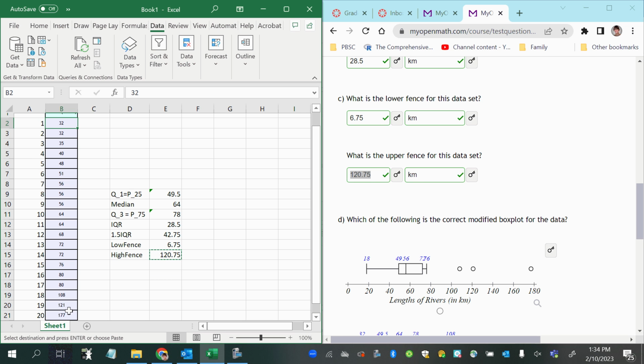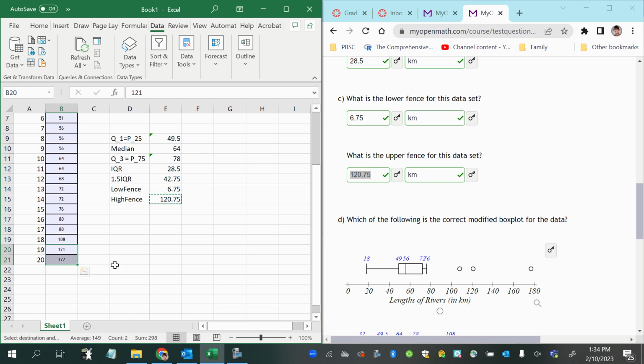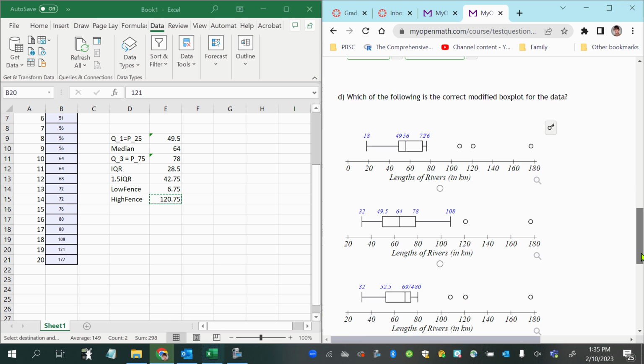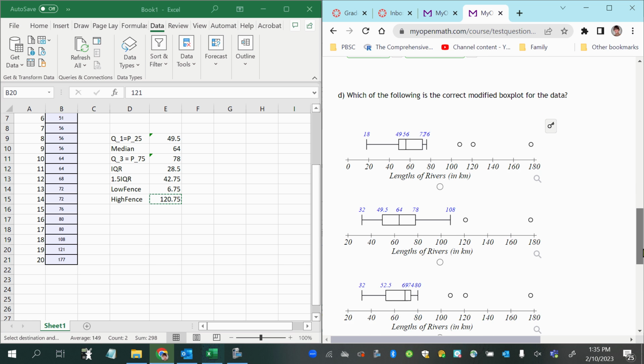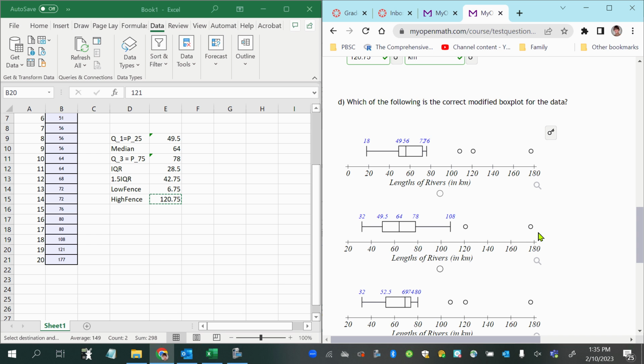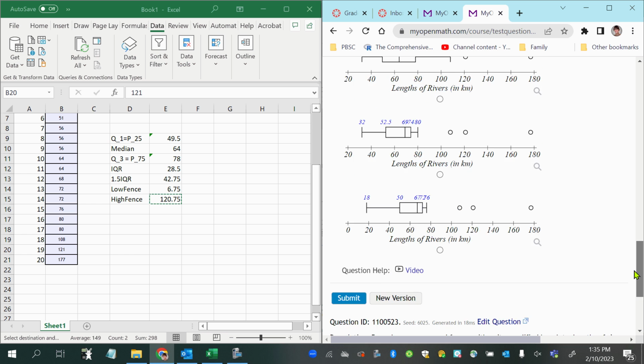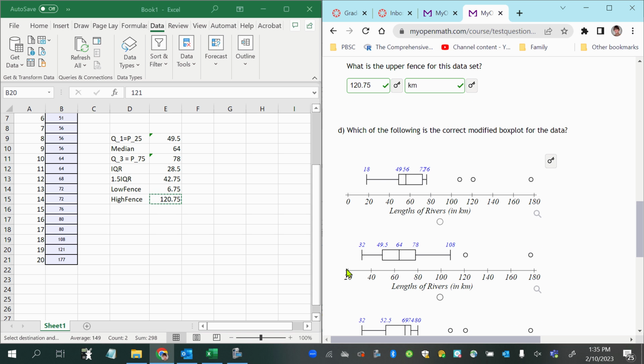So notice two values here that are above the higher fence, so 121 and 177. So when we are selecting the modified box plot, there are two dots outside on the right. So this is the only one, but it's the only one.